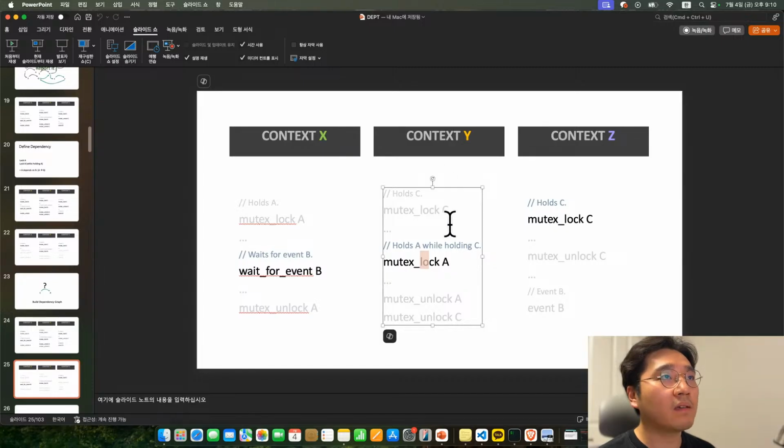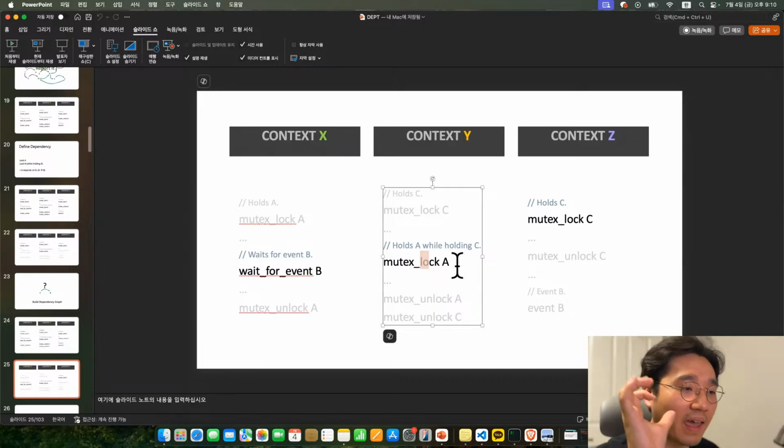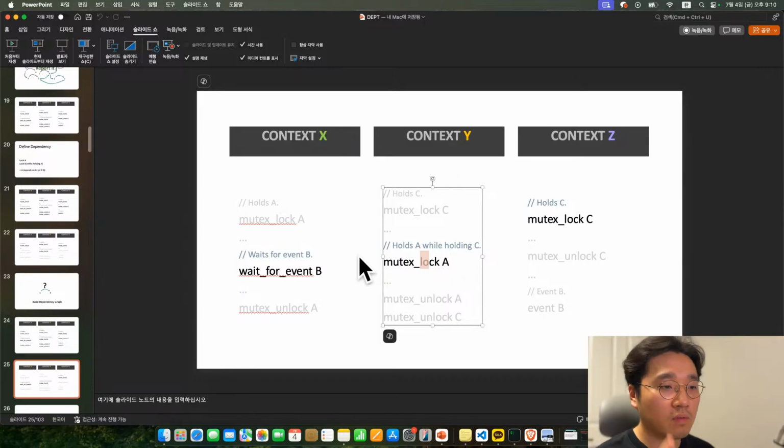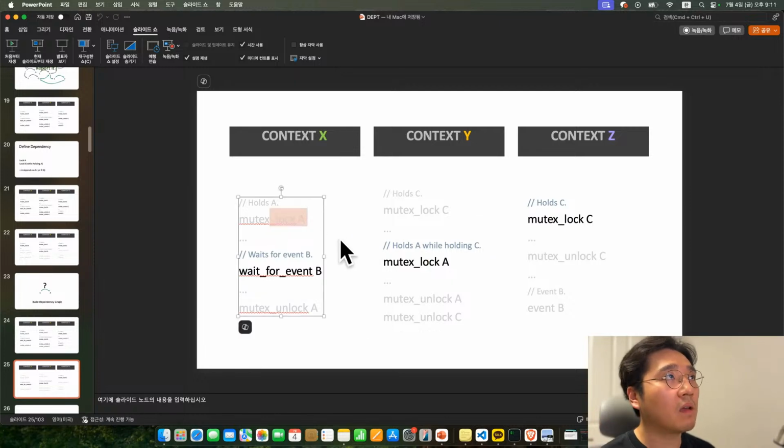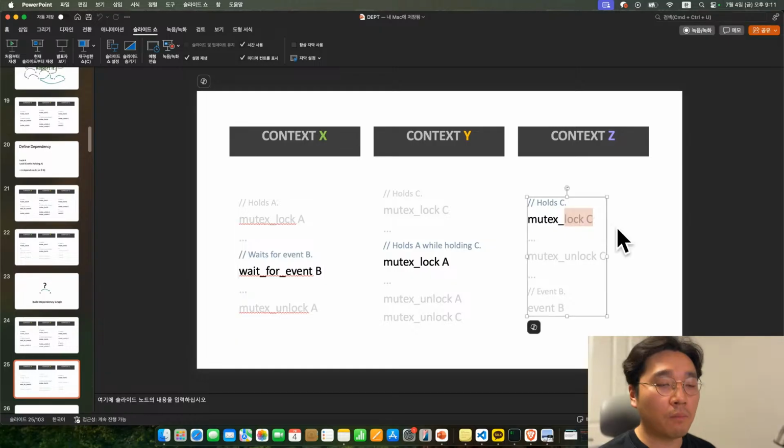context Y wants to hold the lock A, but never goes to the next step because context X previously holds the lock A, and context X wants to get an event from another context, but context Z never ends from this point, so this event never happens, right?